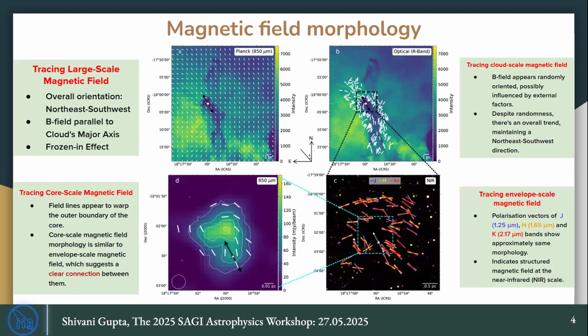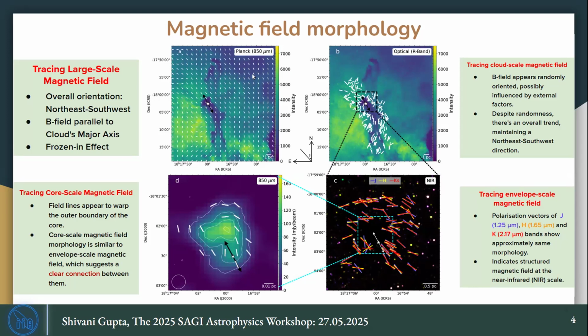To analyze magnetic field morphology, first note that in all the figures this star symbol represents the S2 subcore, and these double-headed arrows show the bipolar direction of the bipolar jets.